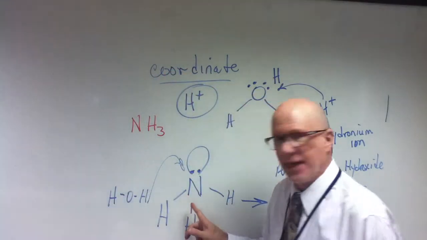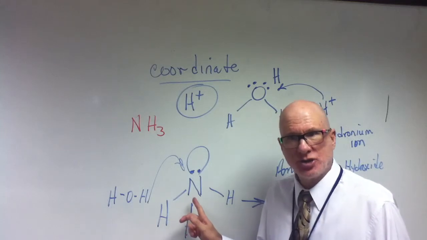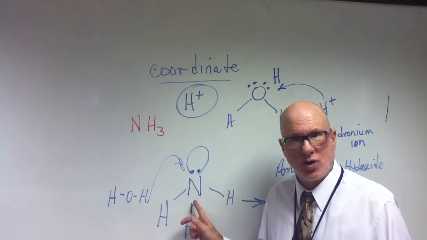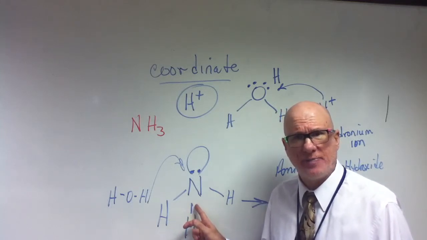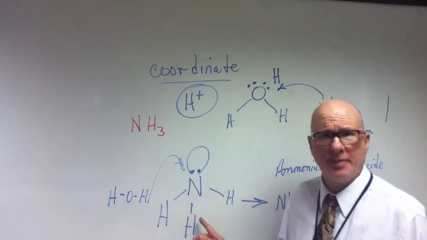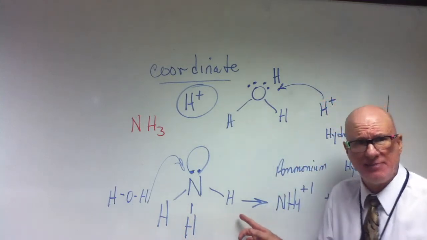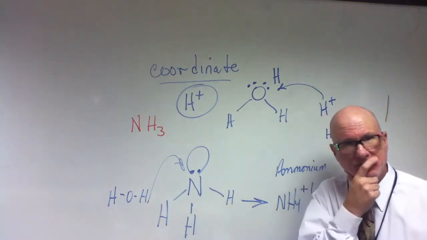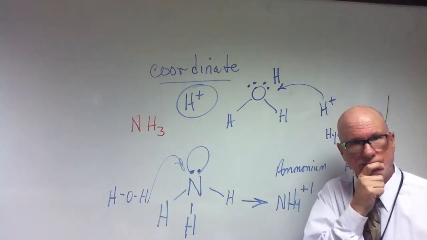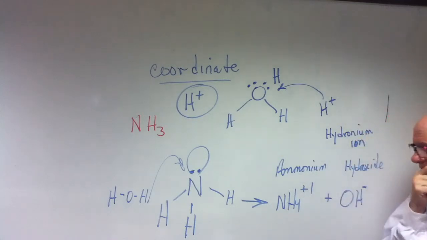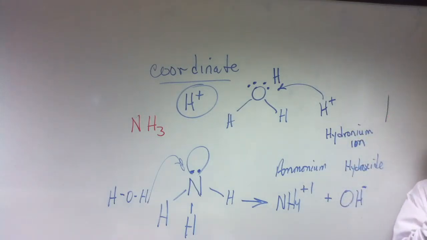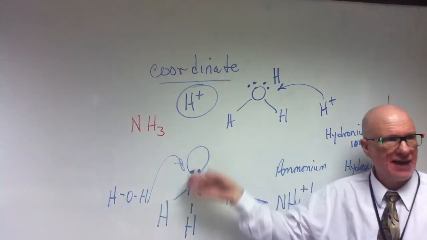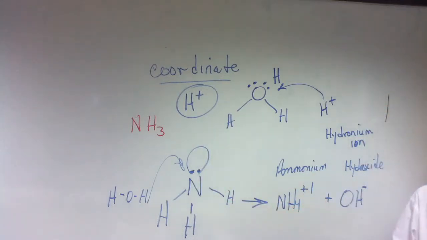So, do you think that ammonia is going to be a strong acid, strong base, weak acid, weak base? So what do you think ammonia will be? First of all, we know that it's a base or an acid. Base. It's a base. Do you think it'll be a strong base? No, it's a weak base. This doesn't happen that much. I mean, it happens, and it will be a base.